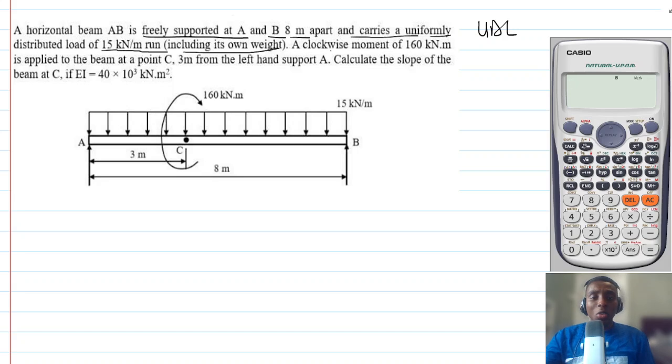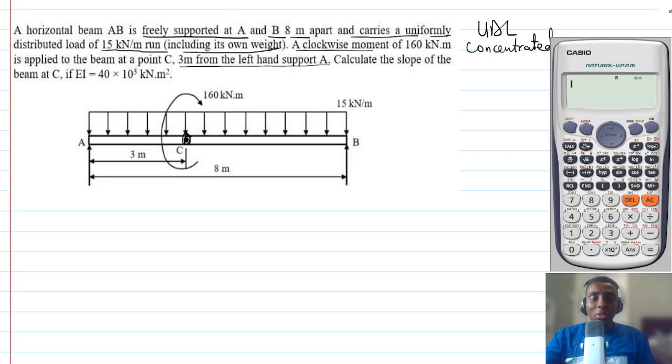And then there is a clockwise moment, what I was calling the concentrated moment, at point C here, which is 3 meters from the left-hand support A.